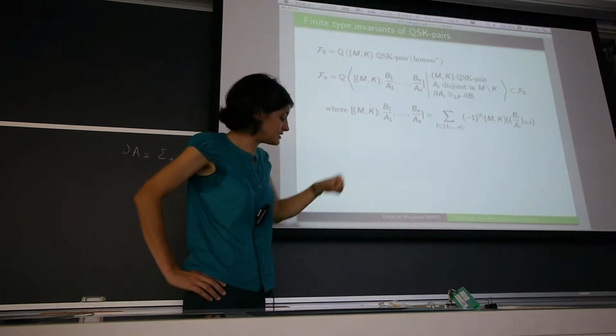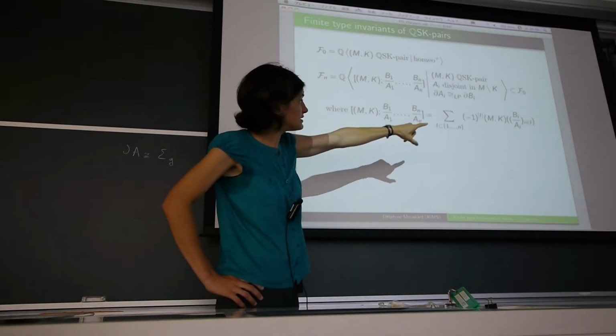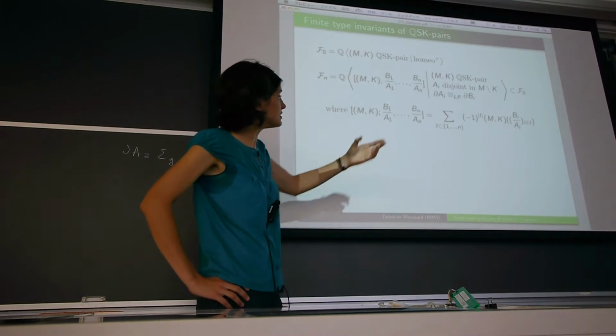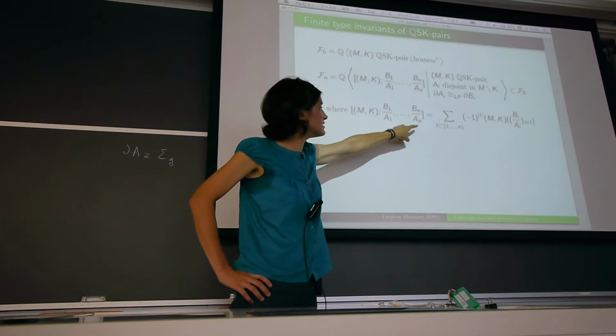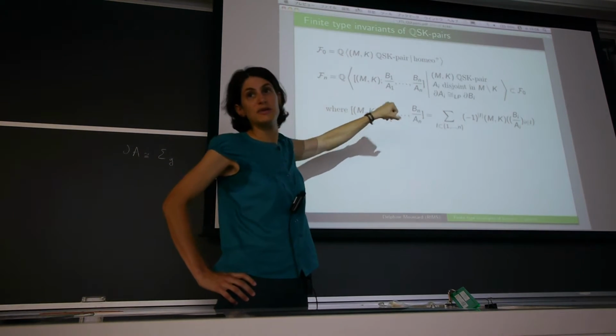And the bracket is defined as the alternated sum of all the QSK pairs obtained from (M, K) by any subfamily of these n surgeries.